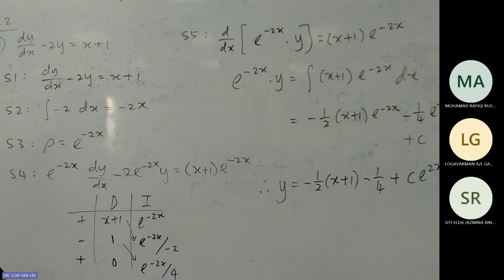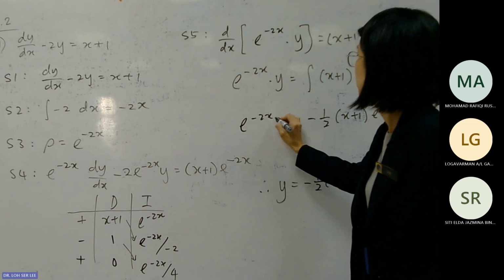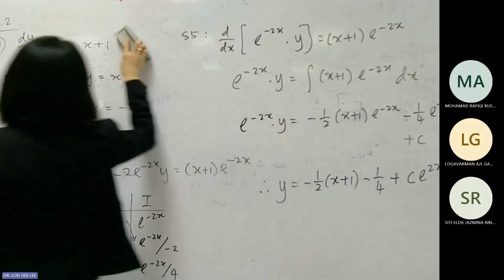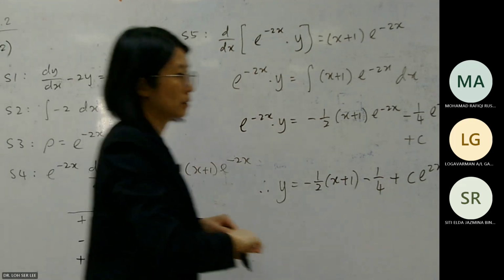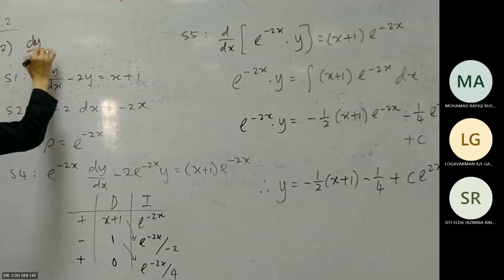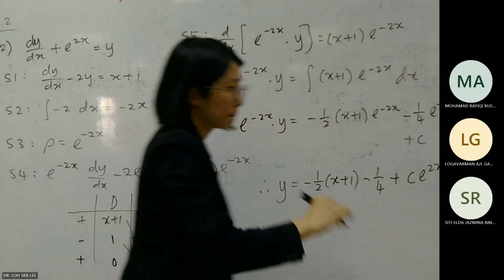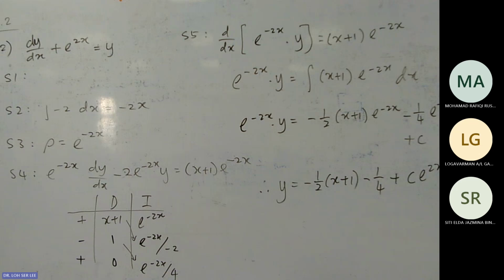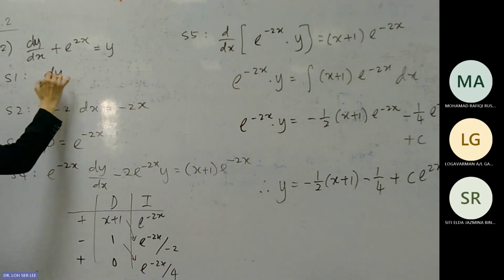Okay, any more questions? Now next. The equation just now is dy/dx minus 2y.